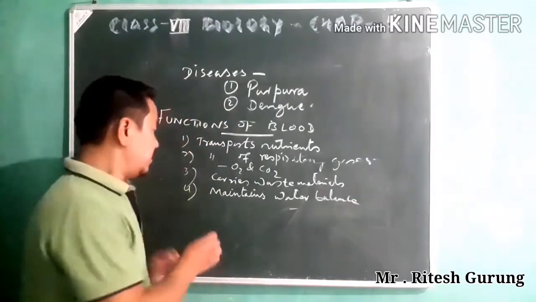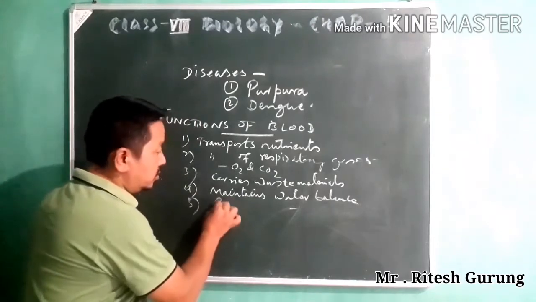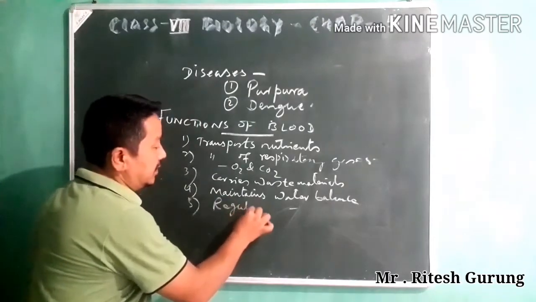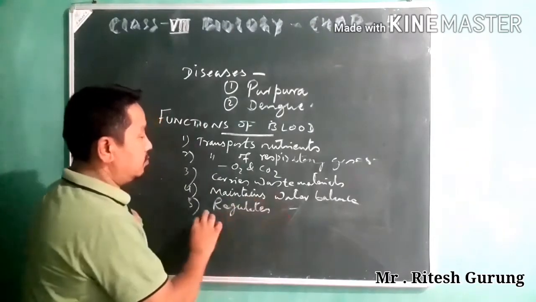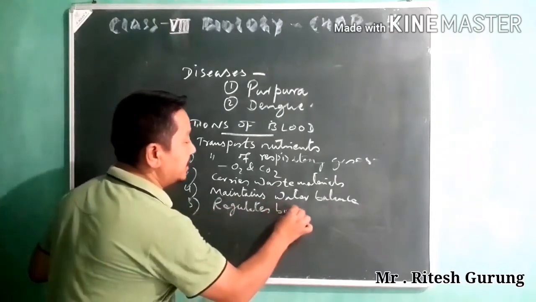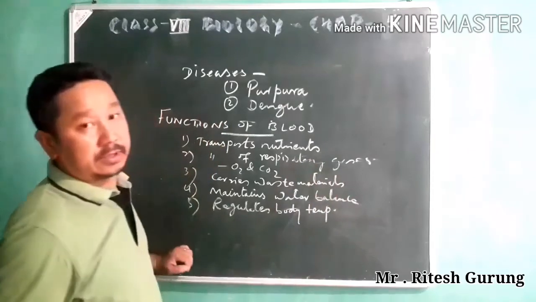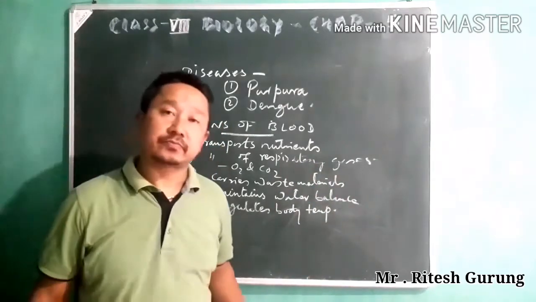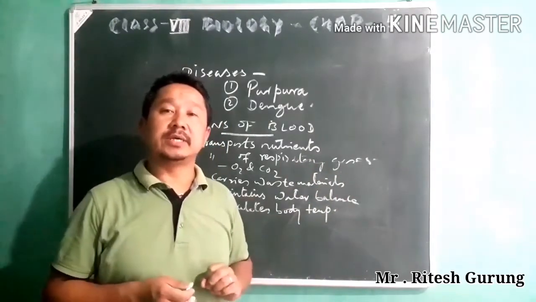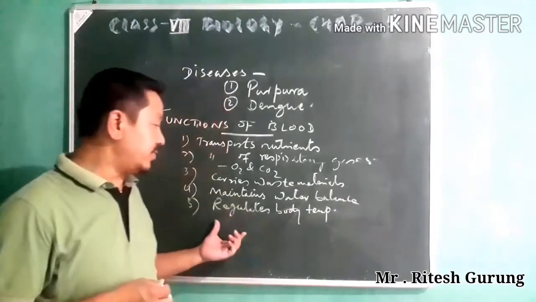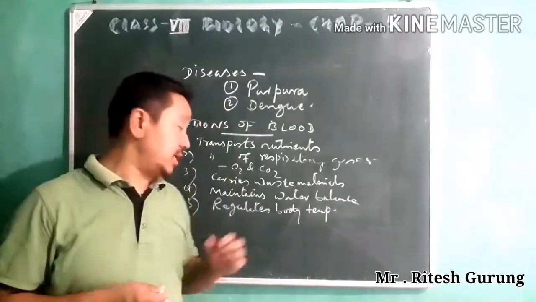Blood also regulates body temperature by distributing the heat to the different parts of the body.